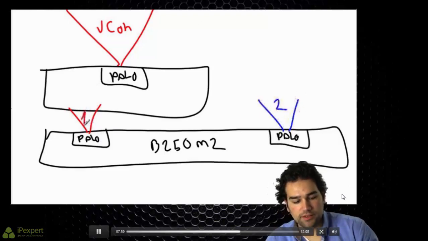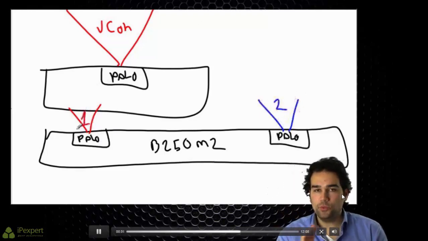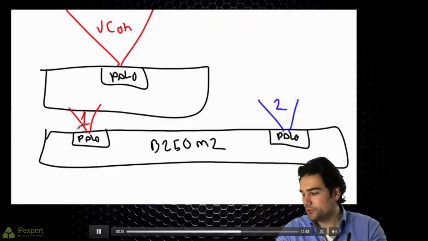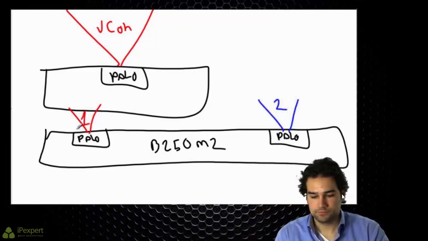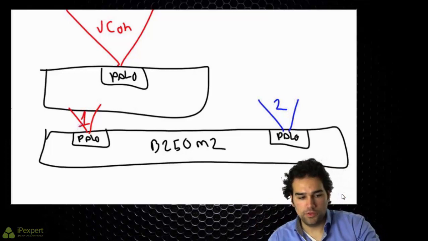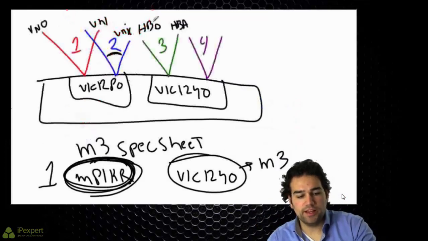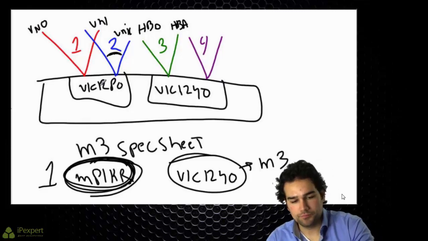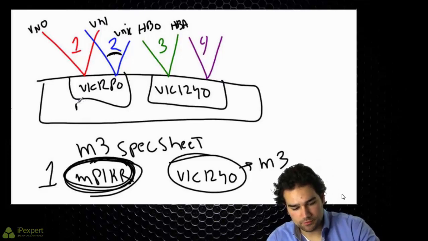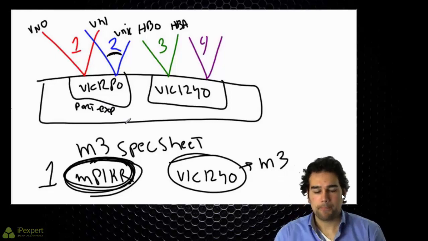So even in an M81KR, in a full width blade, I can have 2 vCon groups. The only place where I have 4 vCons is with a VIC-1240 and a VIC-1280, or the port expander.